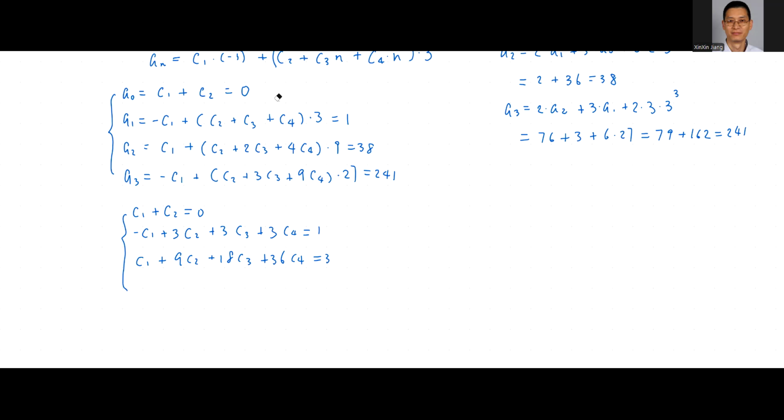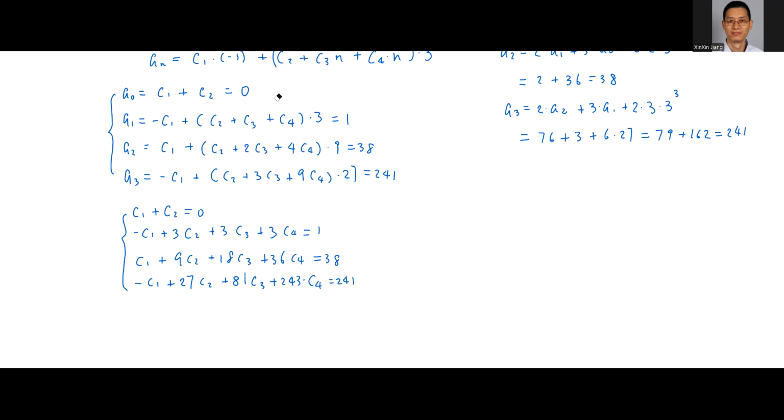And then I have negative C1 plus C2 plus 3 times 27, which is 81, C3 plus 9 times 27, 243, times C4 equals 241.